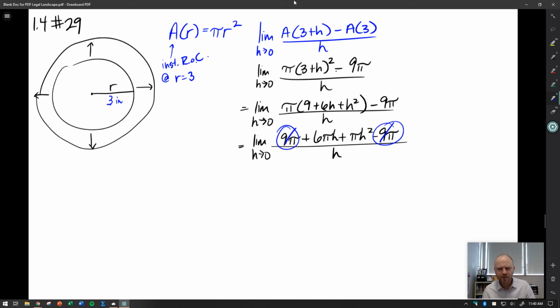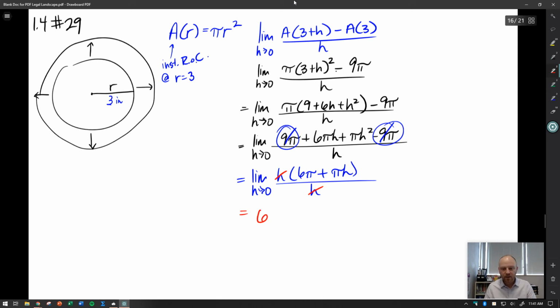I also noticed that the remaining two terms both contain an h, which is interesting because the denominator is simply an h by itself. So this is going to be a limit as h goes to 0 of, factor out an h, 6 pi plus pi h over h. And now we can cancel that h in that term and have left a 6 pi plus pi h.